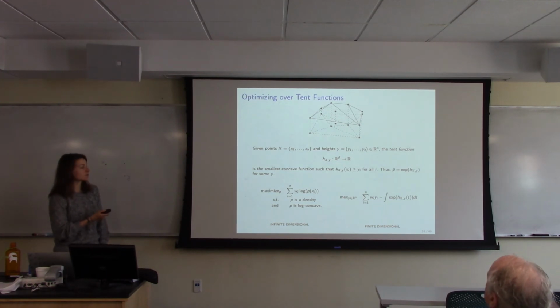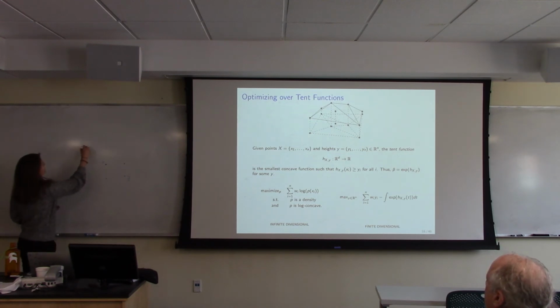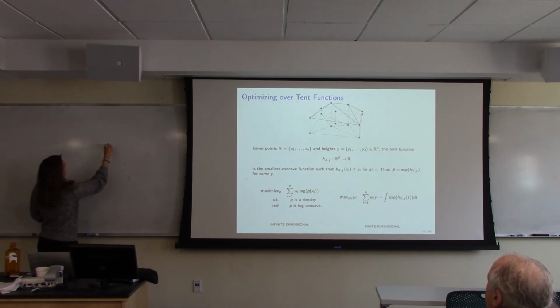The way to do this, you suppose the integral equals some constant c, and then just rescale everything to make it 1, which means you have to subtract log c from each of the y_i's. With these new heights y_i, you can see that the difference between the value of this function at the new y_i's and at the old ones is something like c minus 1 plus or minus log c, or something like that.